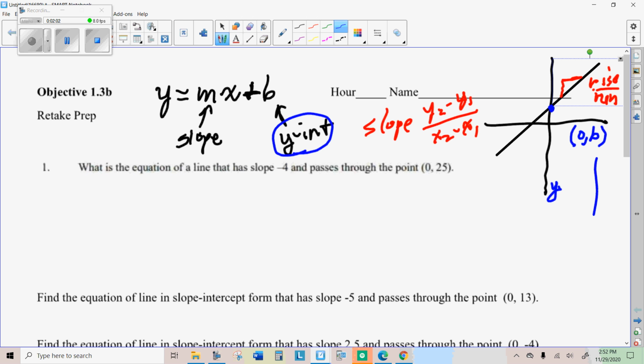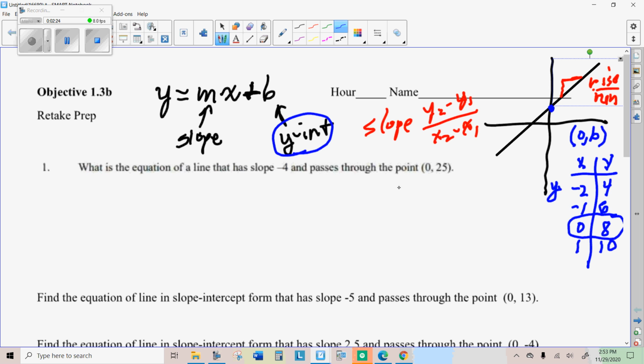All right, so if you have a table of values, just look in the table, and where x is 0, let's say your table goes up by, maybe it goes up by 2 every time, whatever. This value right here is your y-intercept.